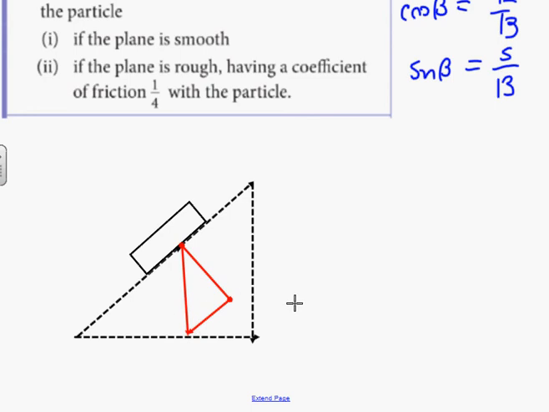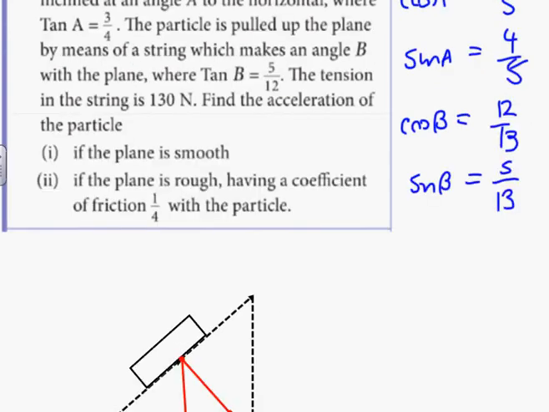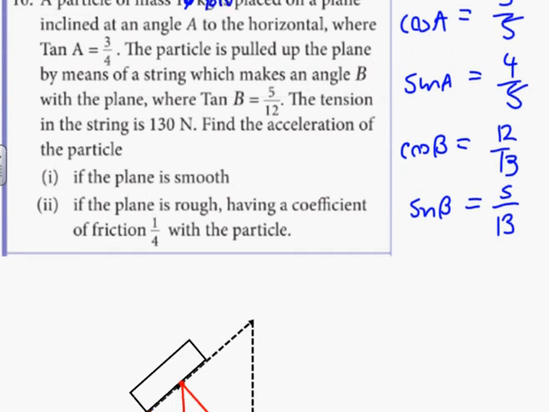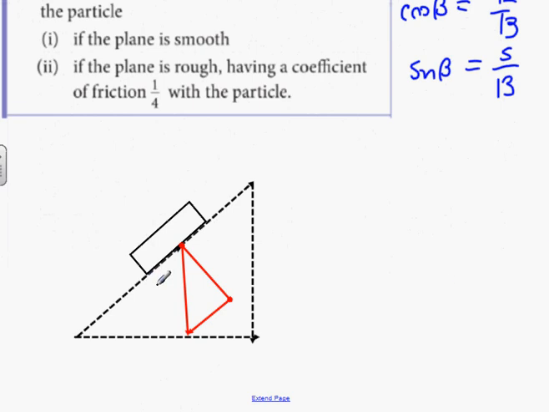Weight has to act directly down towards the Earth's core or surface. So what is the weight of this object? 10 kilograms multiplied by 9.8. We're talking about 98 newtons there, aren't we? 98 newtons directly down.